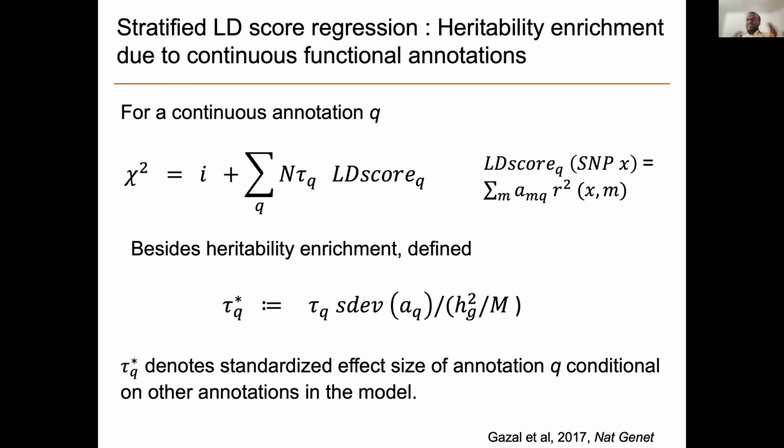And if we have a probabilistic annotation, there is often an issue that if you have very small probabilities overall, then the overall annotation size can be quite small. When the annotation size is small, the tau stars or the tau values tend to be a little noisy and less well powered. So in such cases, it helps to discretize at a level where we have a particular annotation size to use ideally.